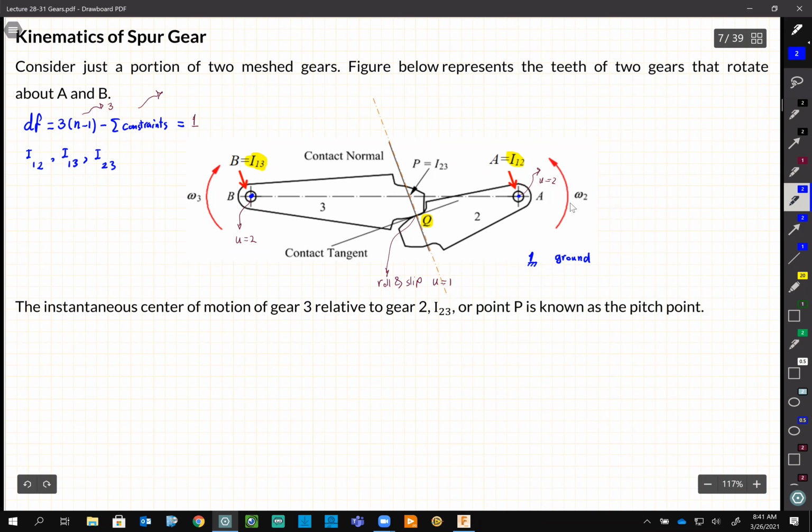These 3 must be on the same line. That's the Arnold-Kennedy rule. So based on that, we can find I23, which is here, at the intersection of the horizontal line and this normal line.